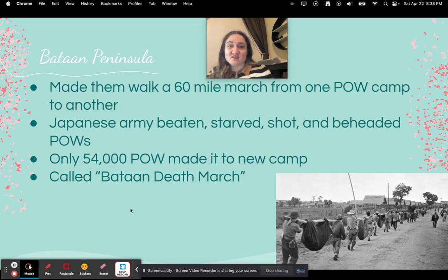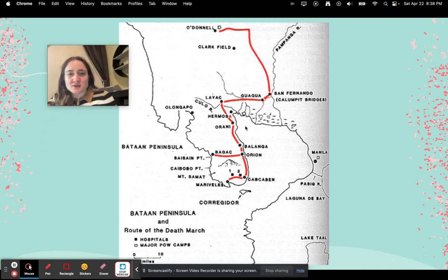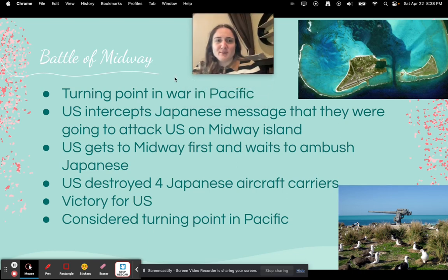And again, this is called the Bataan Death March. So you can see US soldiers here carrying the injured that can't walk for themselves. So here's a map of the march, going from one POW camp to the other.